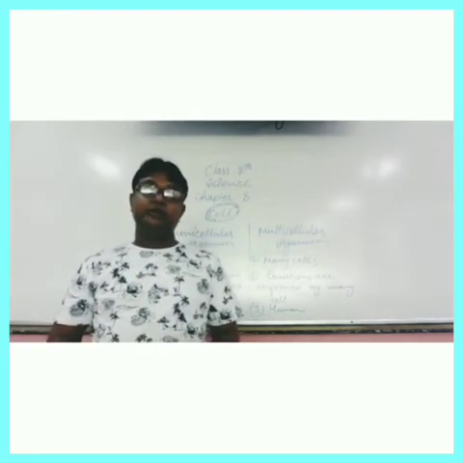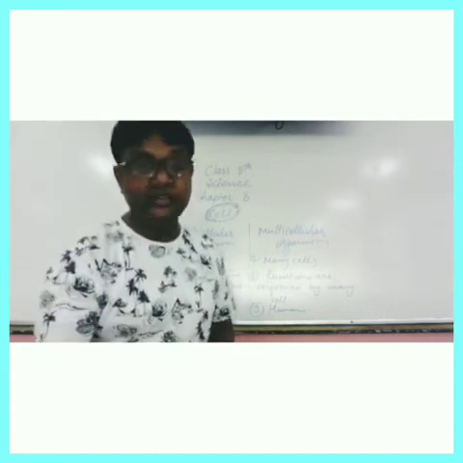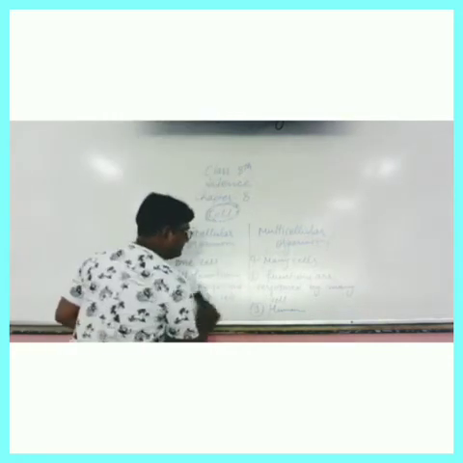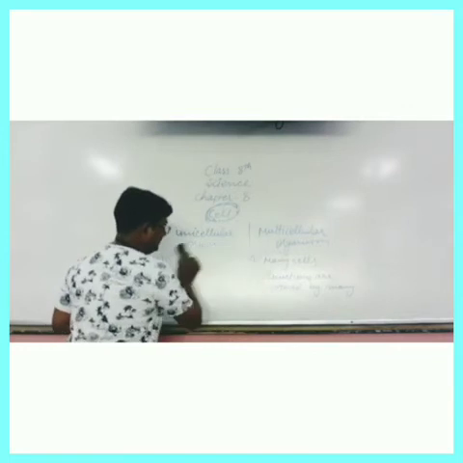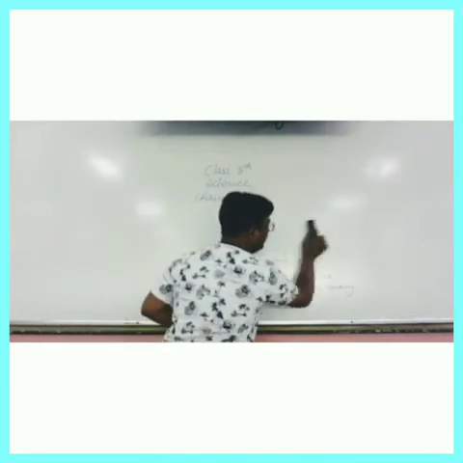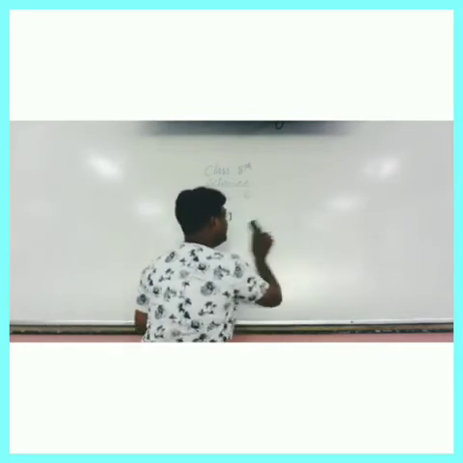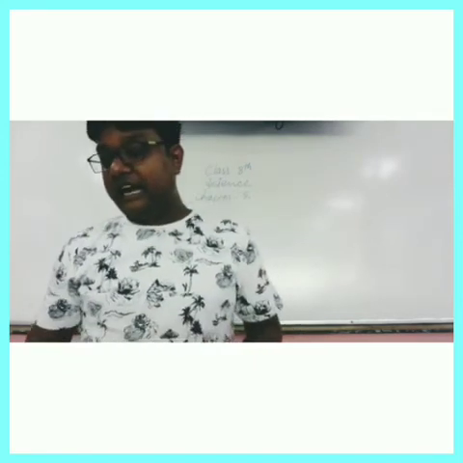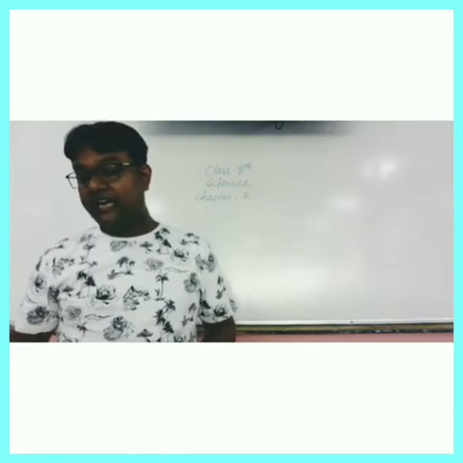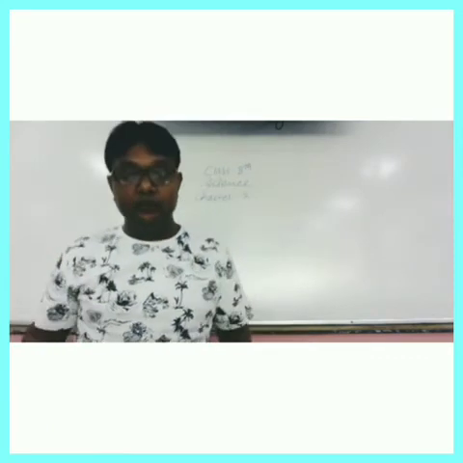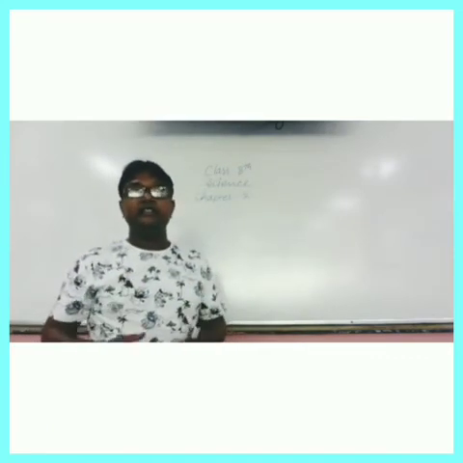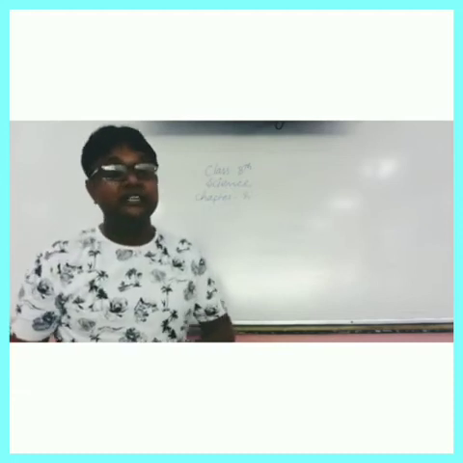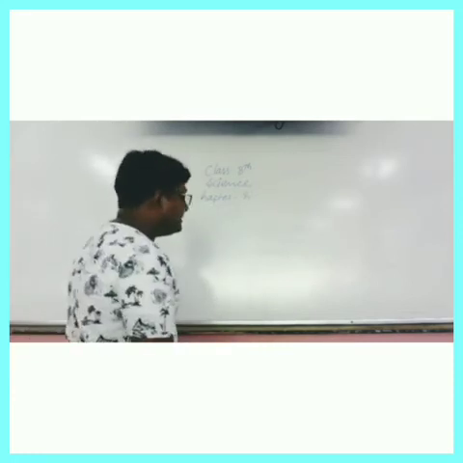Now we discuss the size of the cell. So here the sizes of the cells are also of different types. If we talk about the largest cell in the world, that is the ostrich egg.